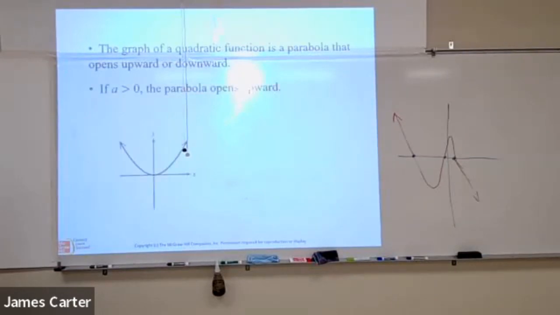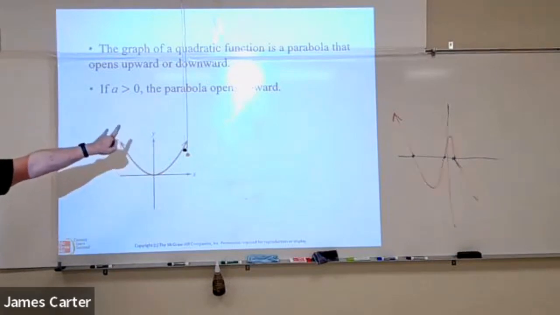I told you this before. For parabolas, second degree, if the leading term is bigger than 0, meaning it's a positive number, then the thing opens upwards, up and up.